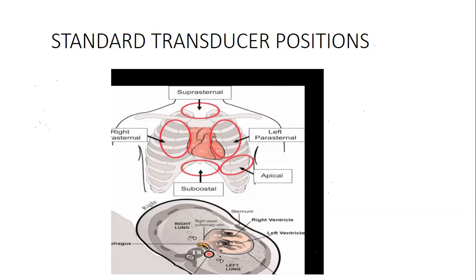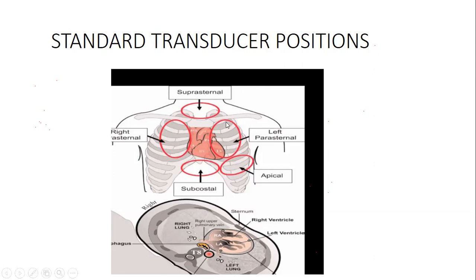It's just adjacent to the sternum. You see, the sternum is here. So you put your probe just next or adjacent to the sternum. You are going to have your longitudinal section or parasternal long axis of the heart. We'll show you how that one will look.